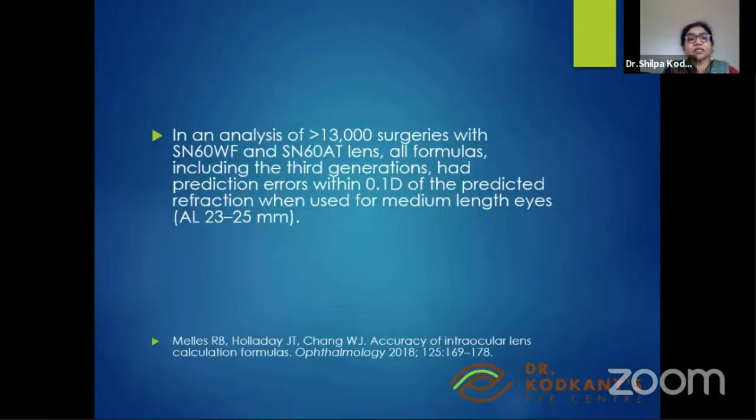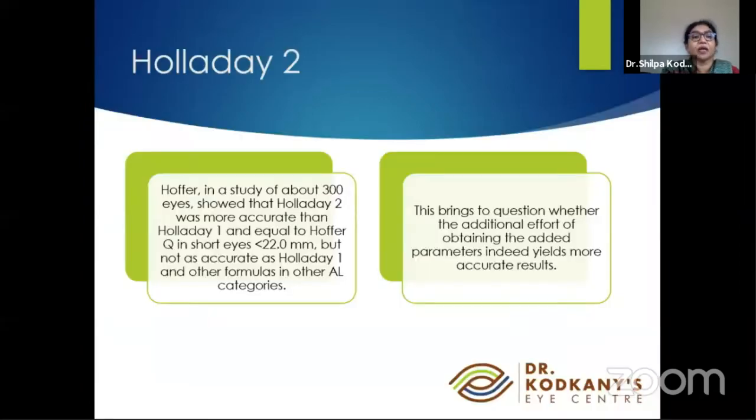But it was found in an analysis of more than 13,000 surgeries that all formulas, including the third generation formulas, had a prediction error of within 0.1 diopters when the axial length was between 23 and 25.